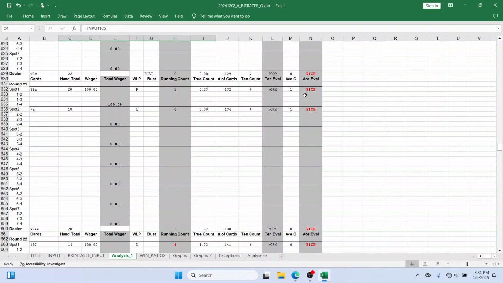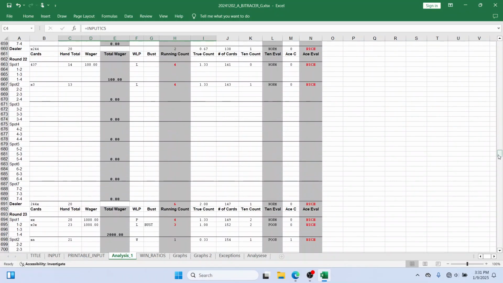And if you look at the 10 here, the 10 count is normal. If it's rich, there's a lot of 10s left in the deck.